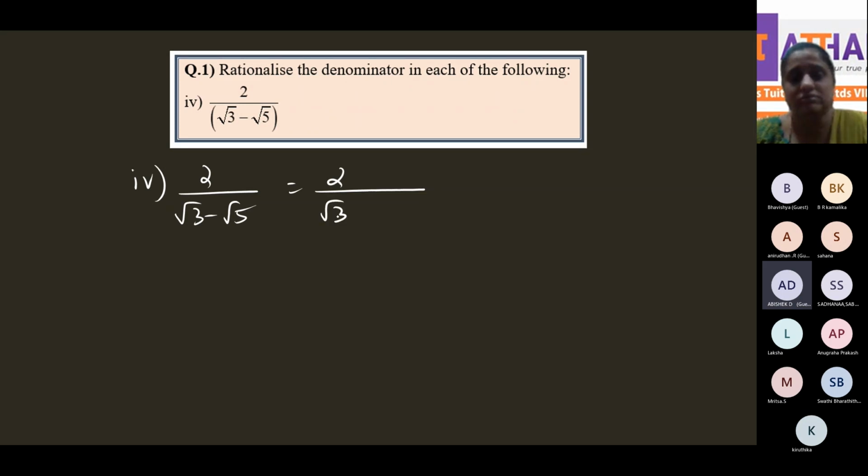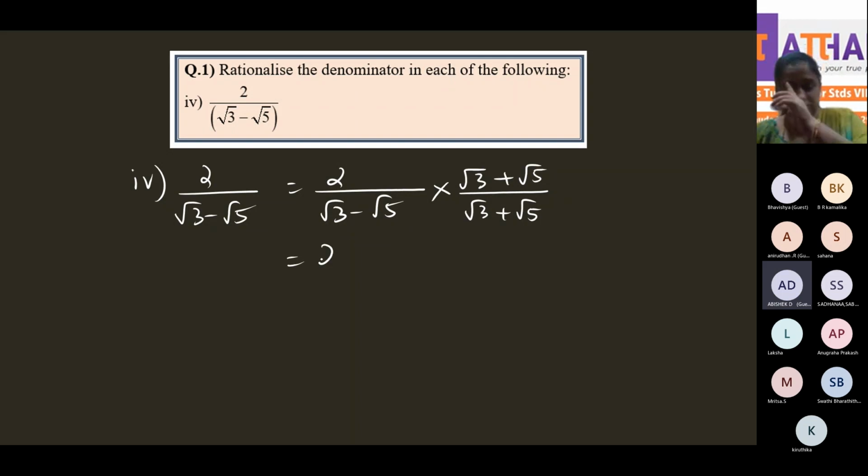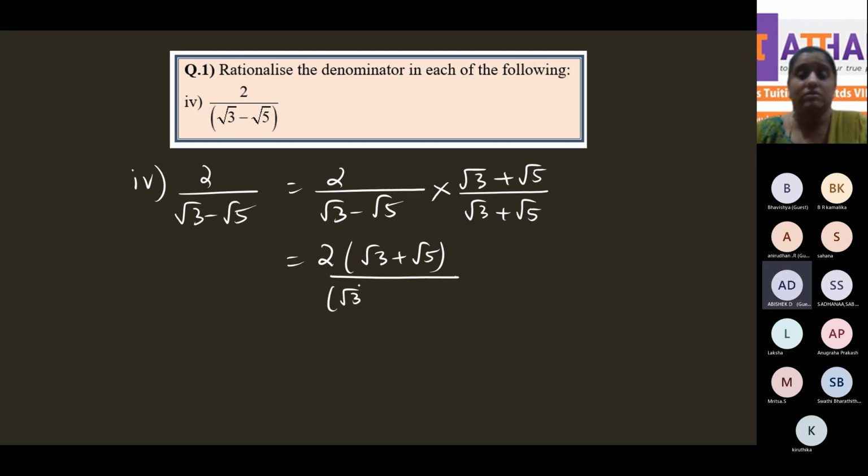Ma'am, 2 into root 3 plus root 5 divided by root 3 plus root 5. Okay. Is equal to 2 into root 3 plus root 5 divided by root 3 square minus root 5 square. Root 3 the whole square minus root 5 the whole square. Yes, very good.